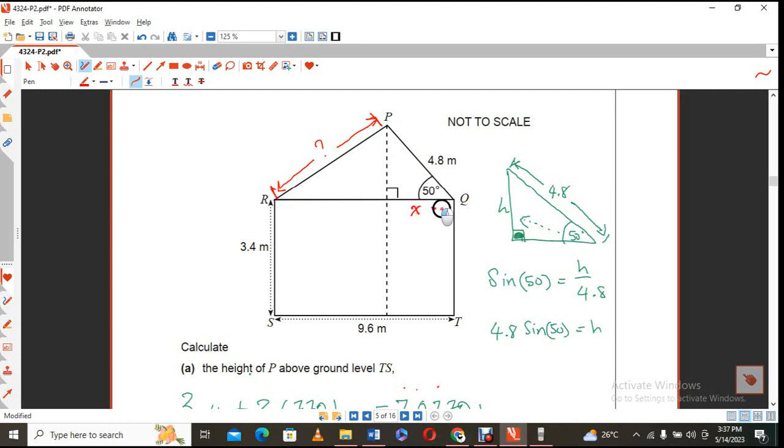I want to find this distance over here, because if I do, I'll be saying 9.6 minus that x in order to find this distance. Once I determine what that distance is by saying 9.6 minus whatever my value of x would be, I'm going to use that third side which I got before.